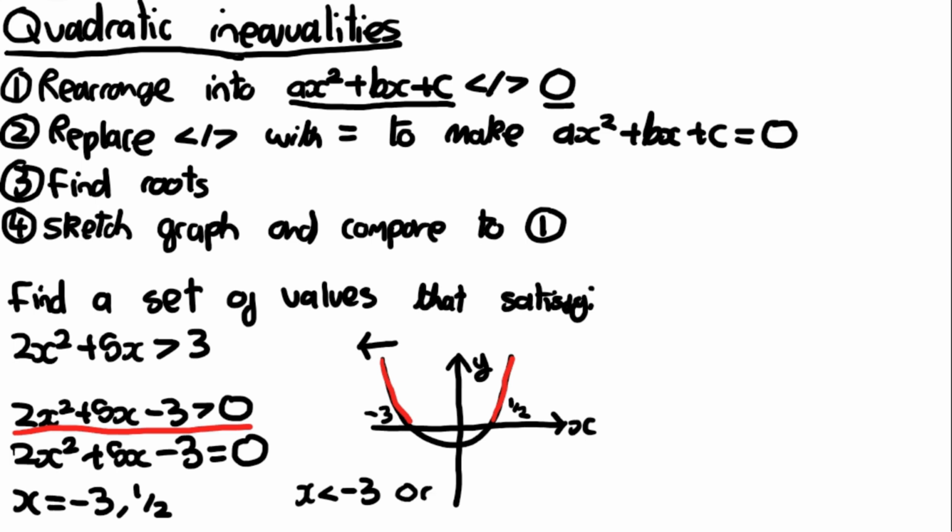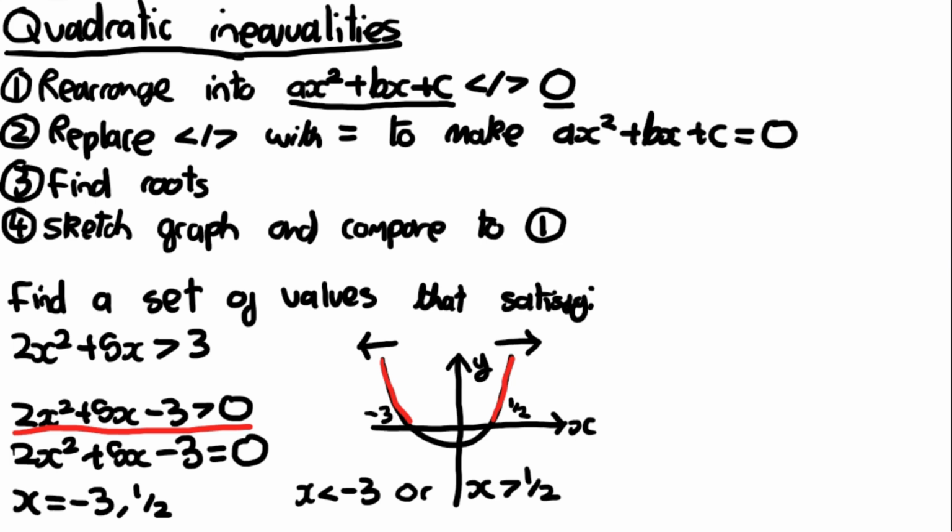Or when x is greater than a half, because it goes in this direction, so everything above a half is going to be positive. The only values in which it's going to be negative are these values here, and these are the values that obviously we don't include in the set of values.